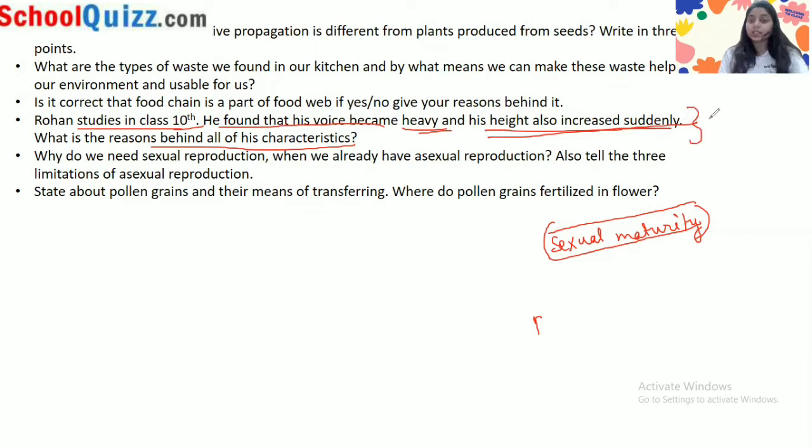These are all characteristics of sexual maturation. The examiner presents you a case of Rohan, and you have to tell them the reasons behind it. So you know that it is sexual maturity. Now we will see how we can write it in your exam.